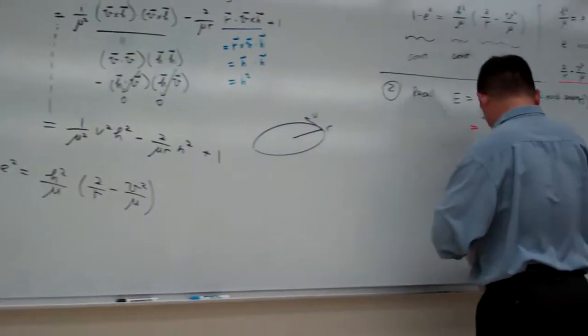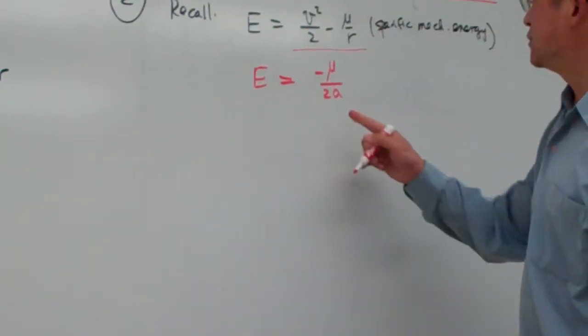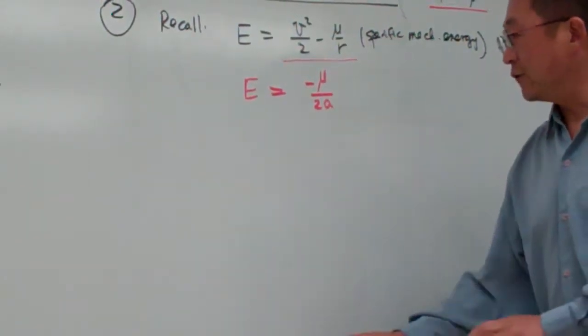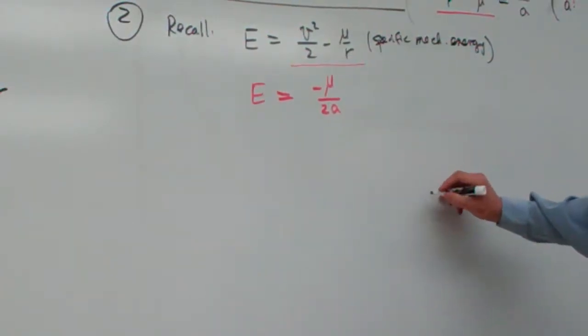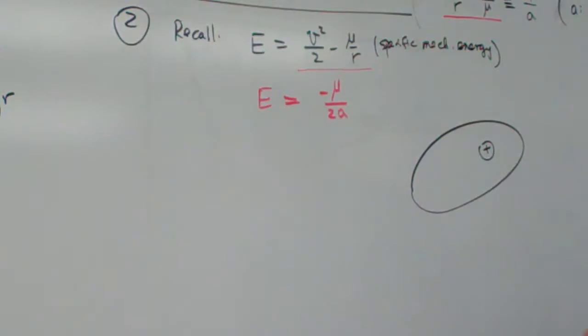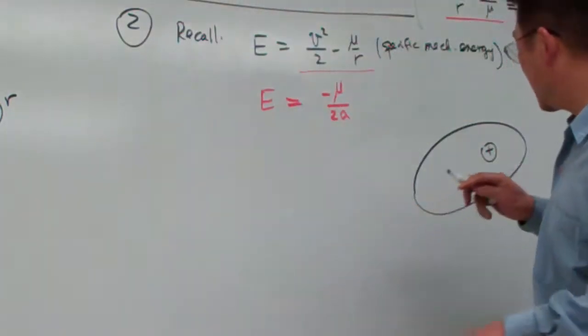minus mu over 2A. So from here, say we have an orbit, this is the bigger orbit, and say this is the Earth. And the second orbit, say it can be like this.